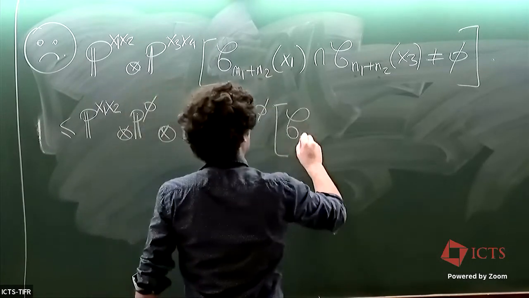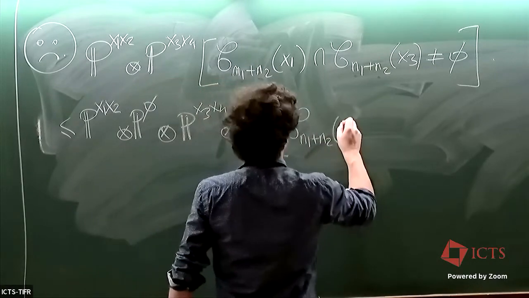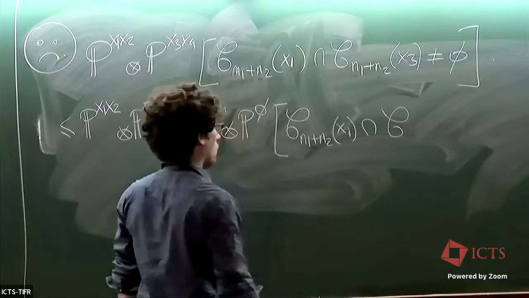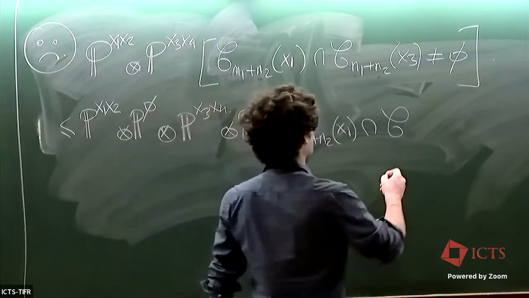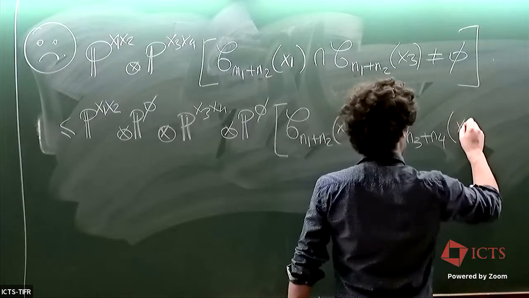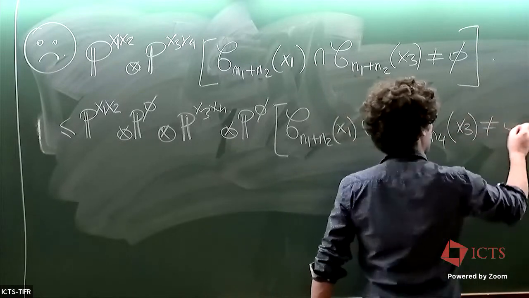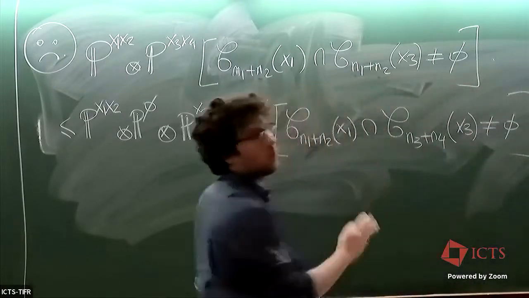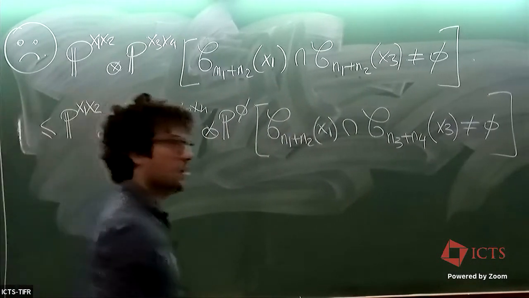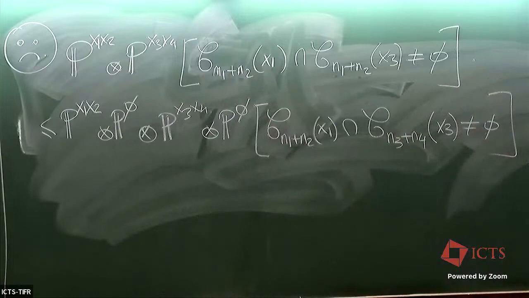The advantage is that you can look at the intersection of the cluster of X1 in N1 plus N2 with the cluster of X3 in N3 plus N4. And here I'm not hiding something, you can even see it on a picture. But my experience is that if I do the computation, people get lost, and if I do the heuristic explanation, I get lost. So in both cases, we are losing.